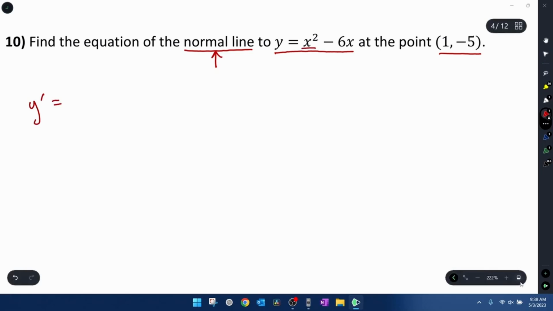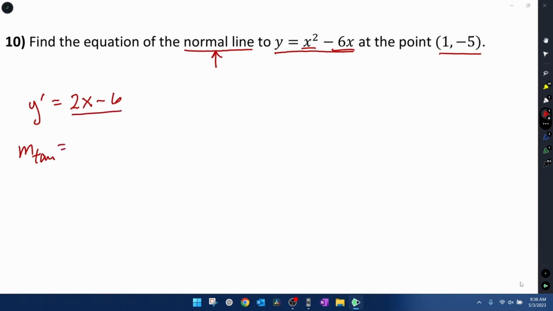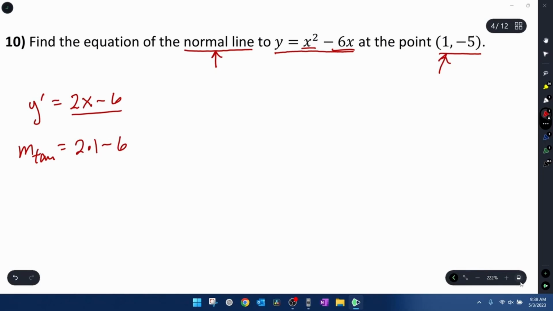And the derivative of x squared is 2x. The derivative of negative 6x is negative 6. And then the slope of the tangent is going to be this expression, 2x minus 6, evaluated at 1 in this case. 2 times 1 minus 6. That's going to be negative 4. Now remember, this is the slope of the tangent.